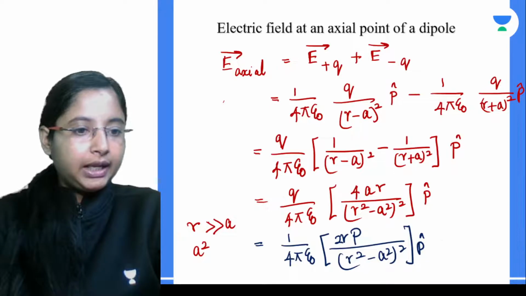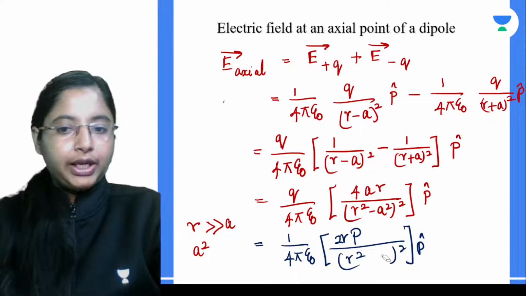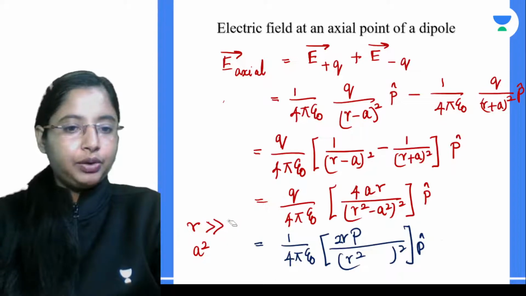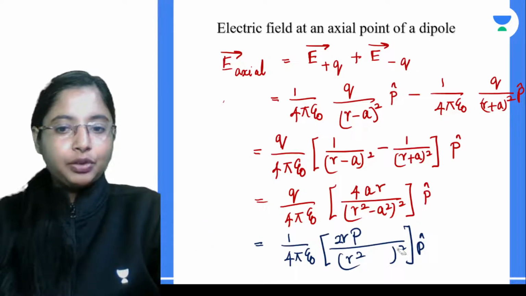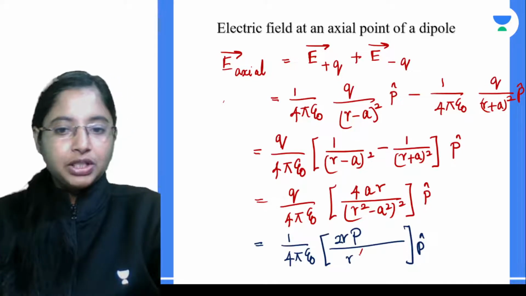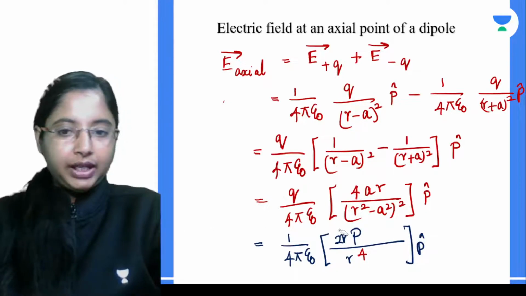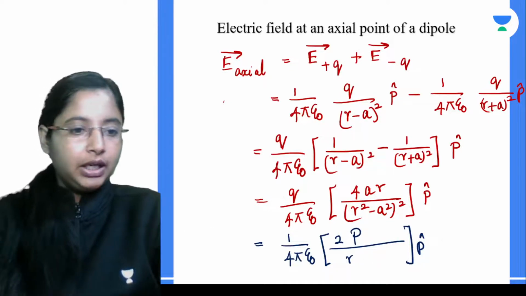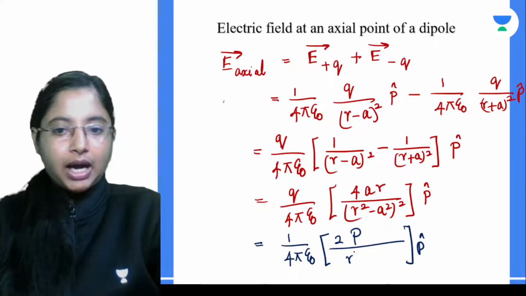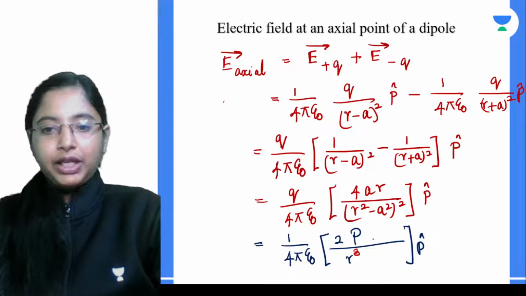So if you neglect the A square term, you will have R square the whole square, which is R to the power of 4. Now R and this R in the numerator, we can divide these two. So this will end up giving you RQ. So that's it. This is electric field.